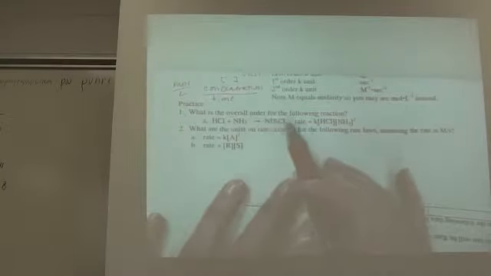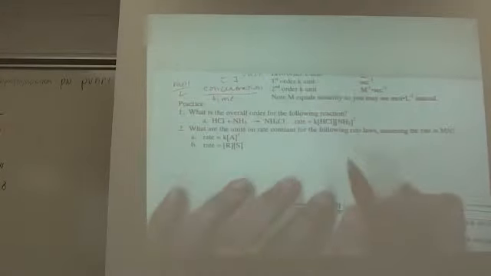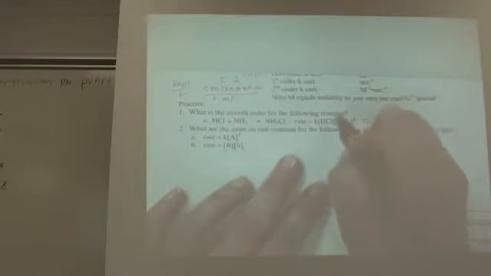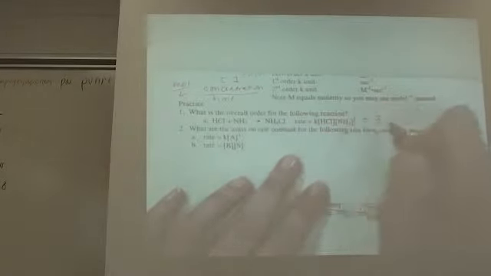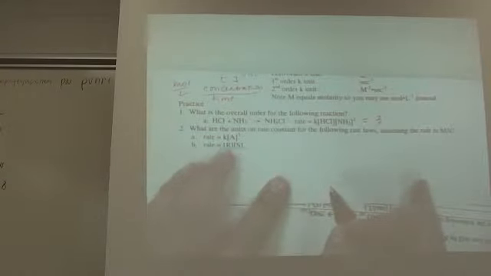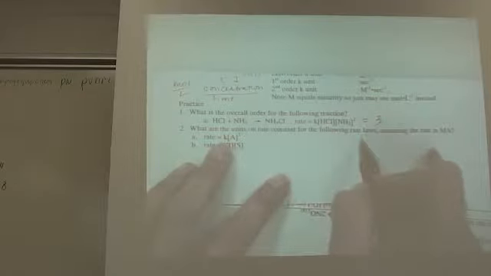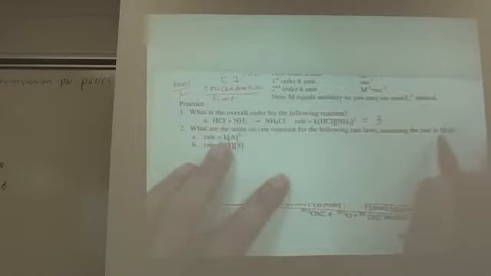Okay, let's look at the 2 sample questions that you were given. What's the overall order for the following reaction? 3, plus the 1 that's not written, plus 2 is? What would be the unit for the rate law constant for the following rate laws, assuming that the rate would be in molarity per second?